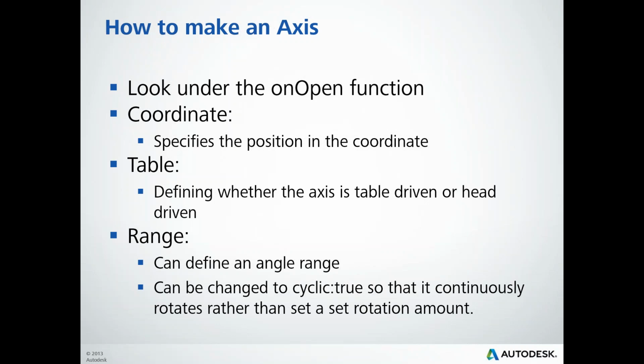Table is whether you're defining it as a head axis or a table axis. And coordinate: if you ever look at a dump file on some of the moves that have multi-axis, you'll see 6 coordinates. Those first 3 typically are your A, B, or C value, and it derives from that. So whichever one you have set as your coordinate, that's the one that you pick. All right, so I'm not going to do that yet.